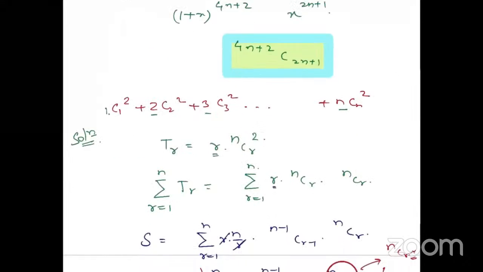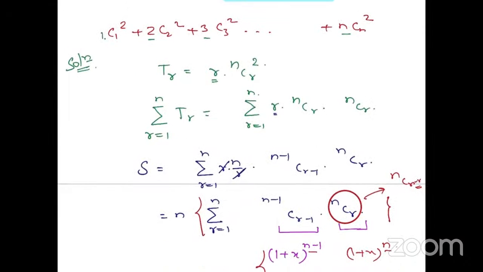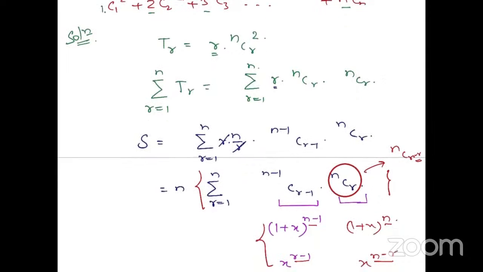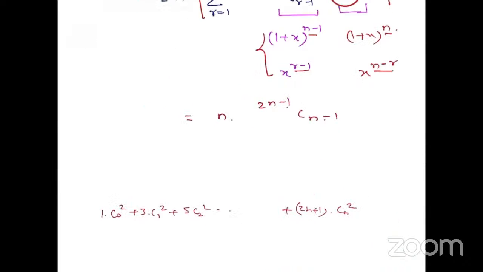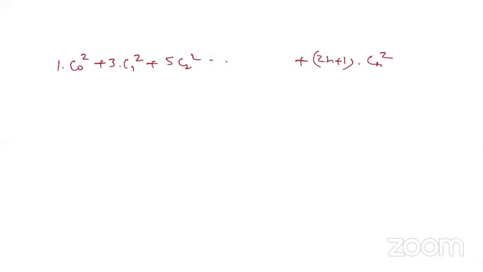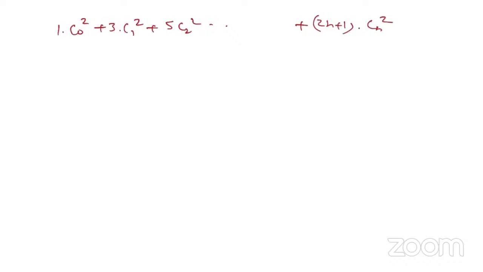This is very important. Third question: first write down the TR term, then apply the summation. Cancel out the R. Now apply the concept again for n minus 1 CR minus 1, the expansion of 1 plus x to the power n minus 1, and 1 plus x to the power n, and you are getting this. So the fourth question is based on this only, for you.